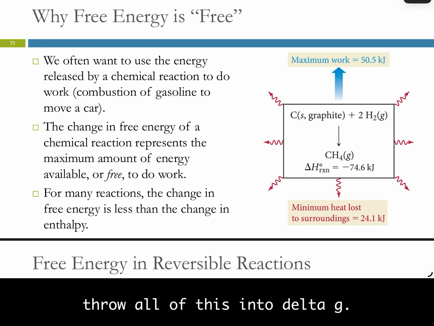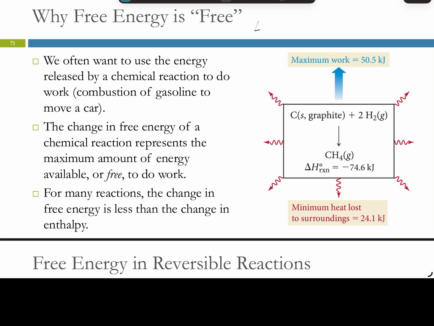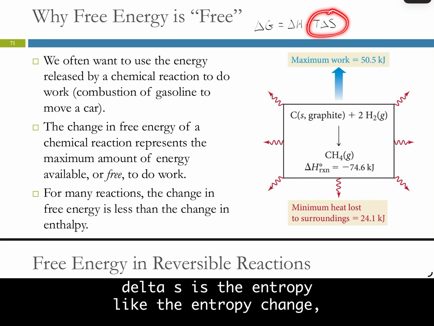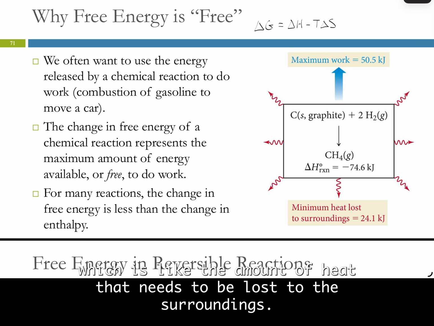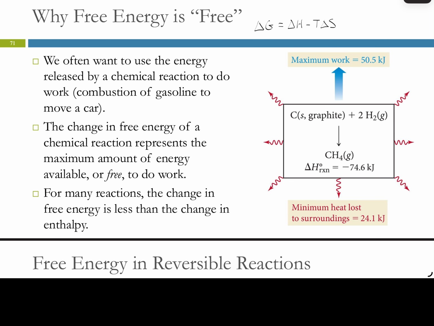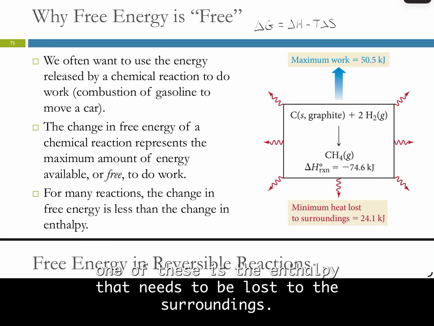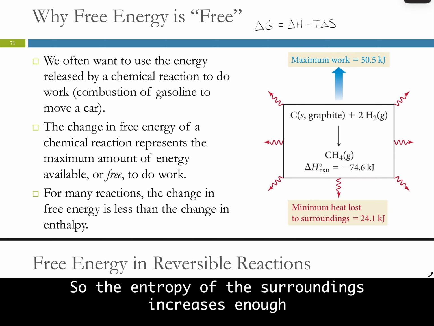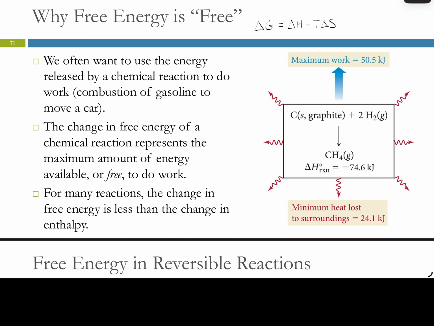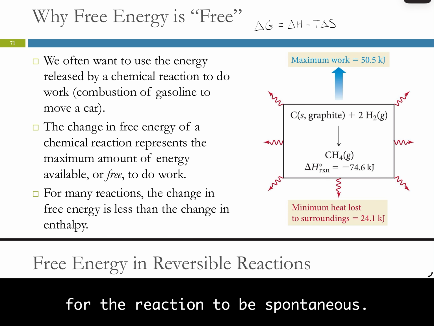Because if we were to throw all of this into delta G, delta G equals delta H minus T delta S. This T delta S is the entropy change, which is like the amount of heat that needs to be lost to the surroundings. Right, no, it's the H, it's delta H. One of these is the enthalpy that needs to be lost to the surroundings so that the entropy of the surroundings increases enough for the reaction to be spontaneous.